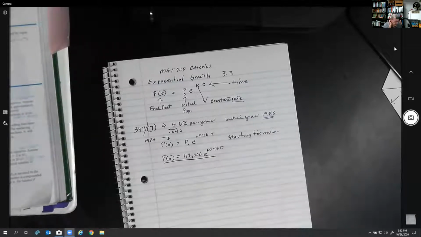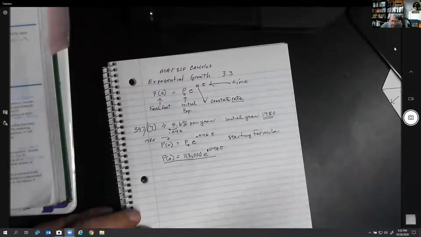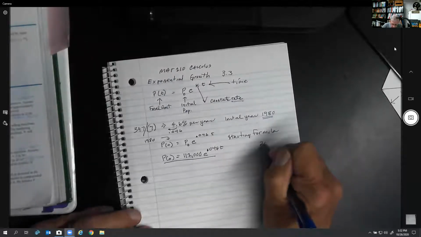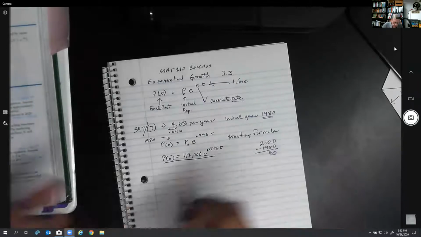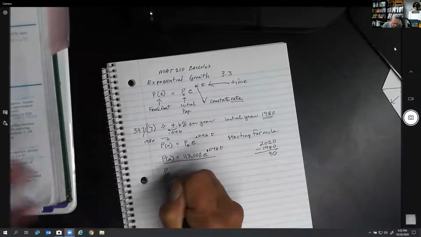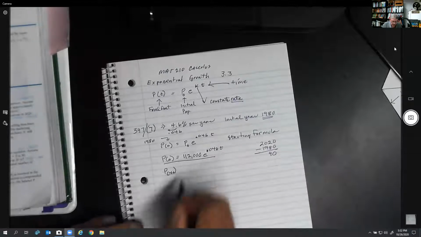Now, the next thing we're going to do is estimate the number of patents in 2020. So we take 2020 and subtract 1980, that's 40. We want to know how much growth there is going to be 40 years from this initial start. That's what we're trying to find.